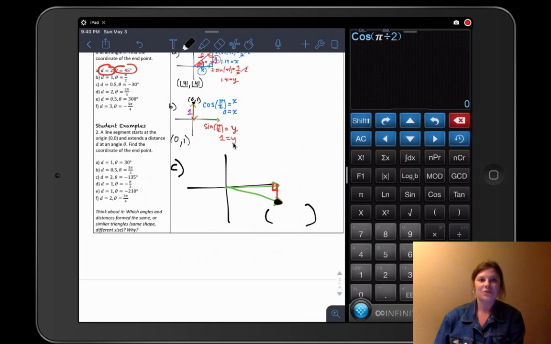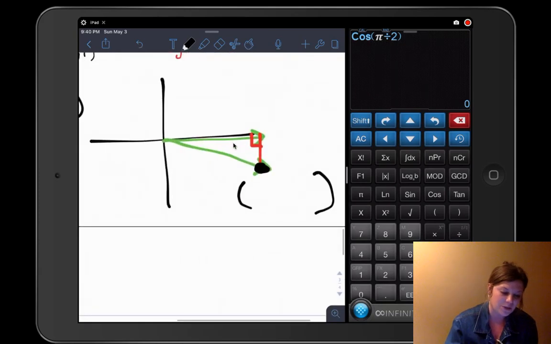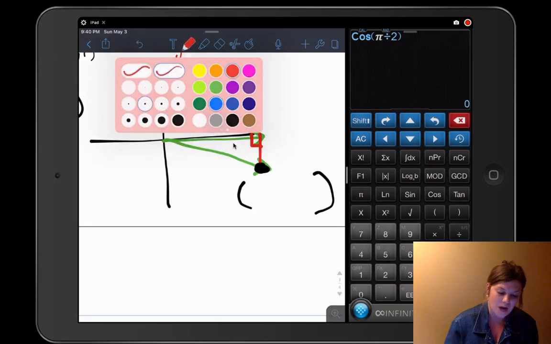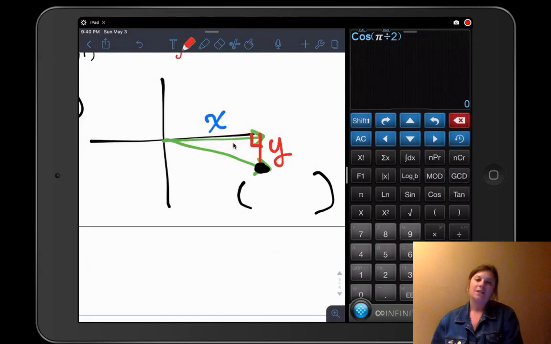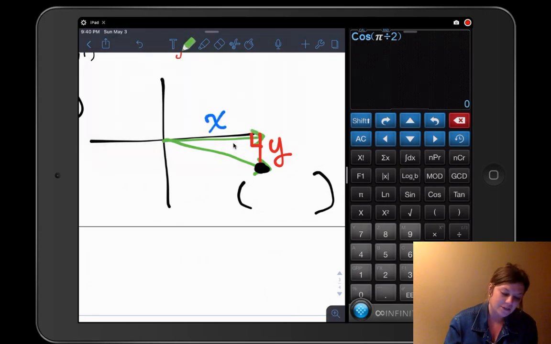Okay, so a few different ways we can do this. Again, let's take a look at what's really going on. We know that our x is going to be here, and we know that our y is going to be here, and we know that our reference angle here is going to be 30 degrees because it was negative 30 to get down there.